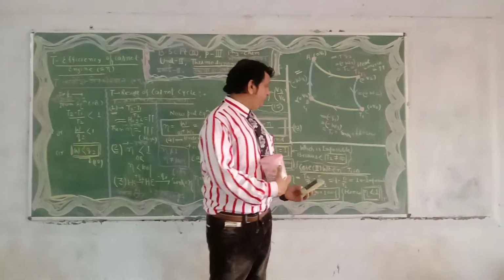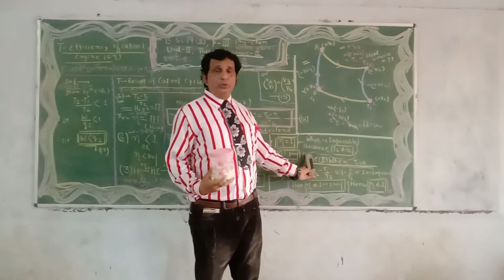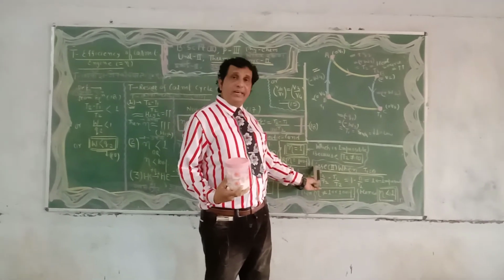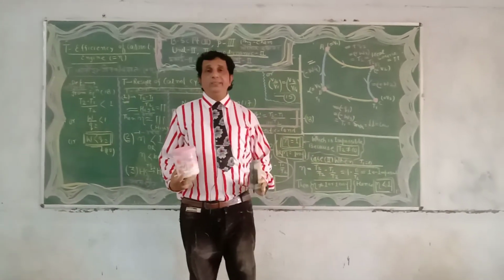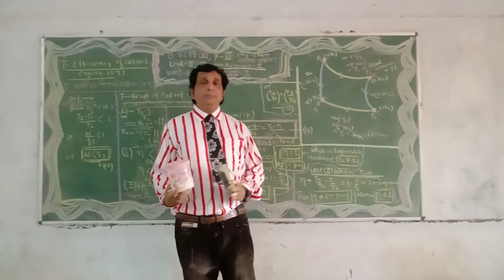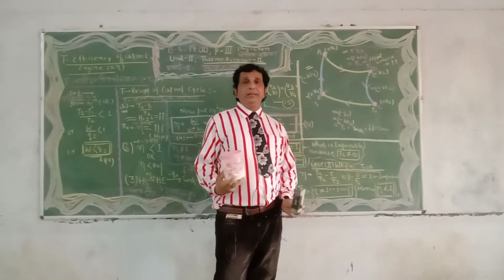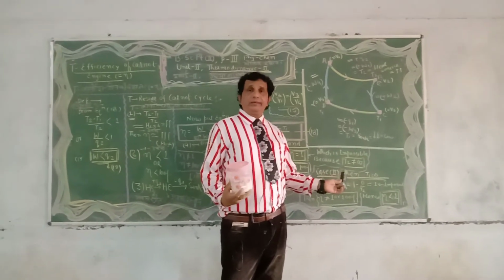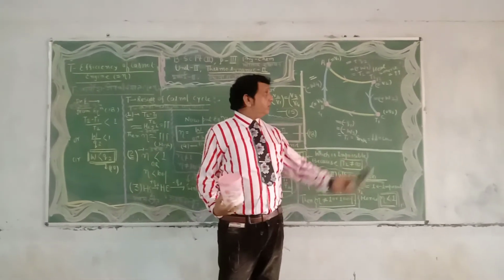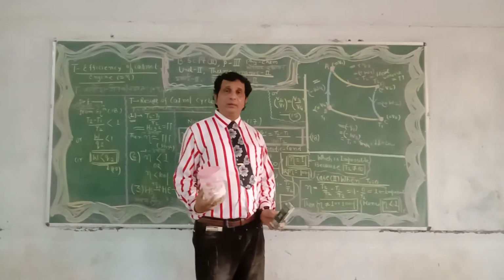Similarly, the next case we discussed to prove eta is equal to unity: the second case, when T1 is equal to 0. Dear students, I bring to draw your kind notice about T2 and T1 once again. T2 represents the temperature of the source and T1 represents the temperature of the sink.